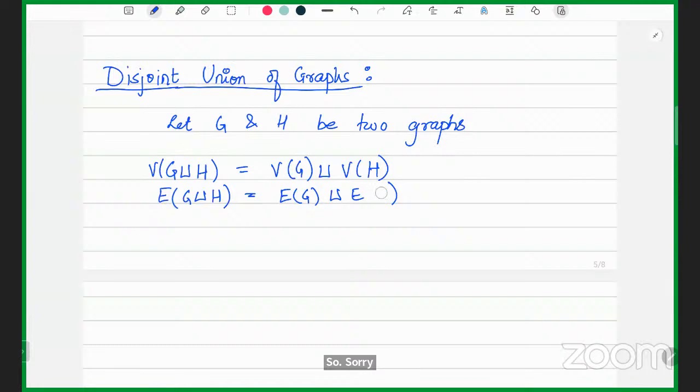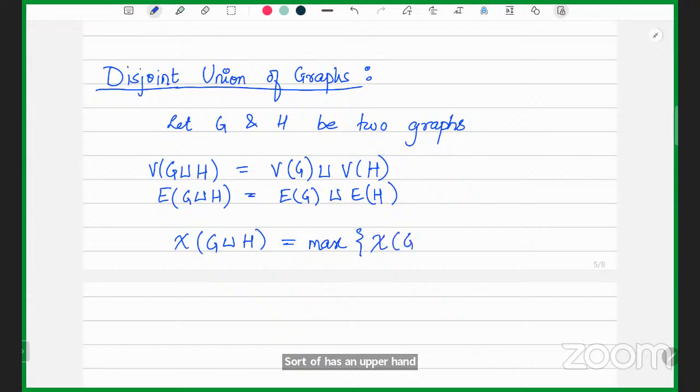So one can expect in such a case that whichever has an upper hand wins. You look at the chromatic number of both the graphs, and whichever has a higher one will win the race and give the chromatic number of the disjoint union of these graphs.